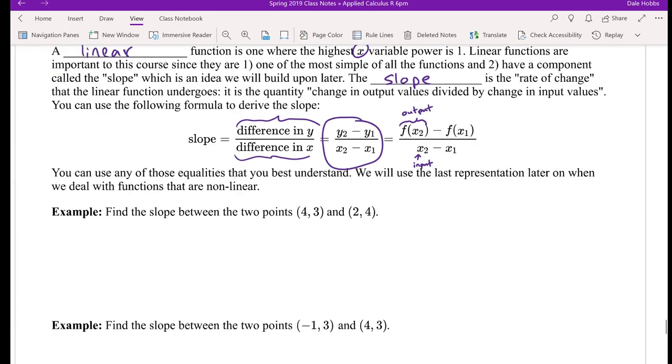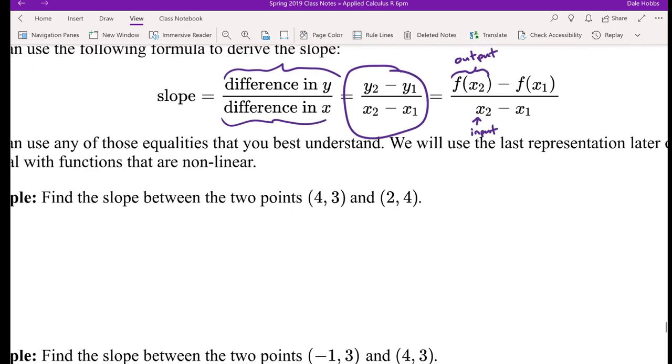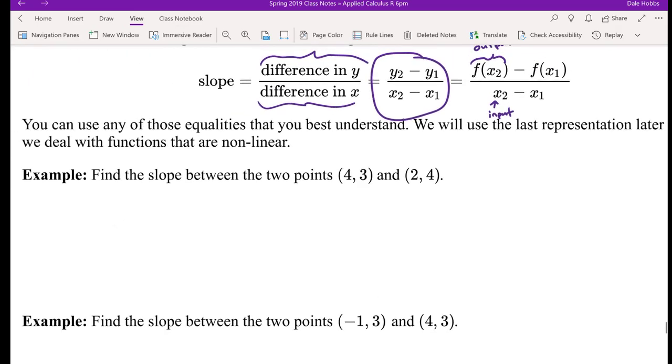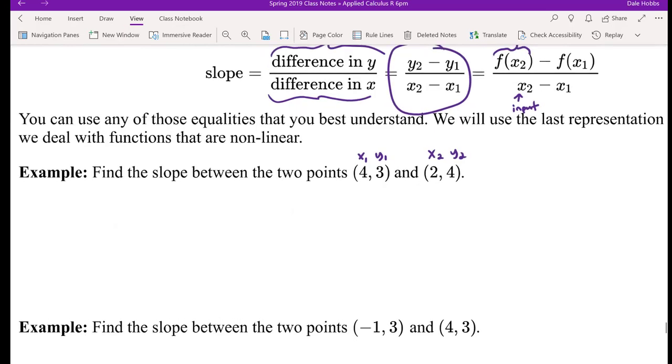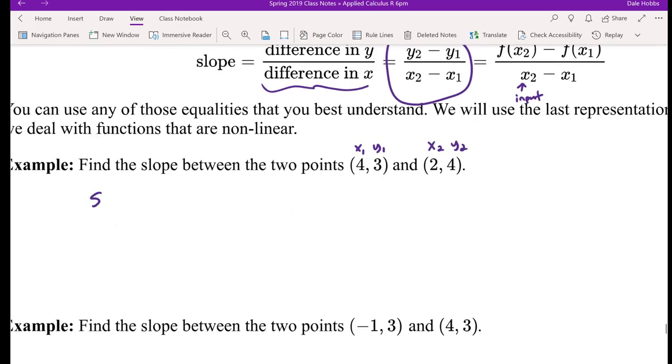Okay, so let's take these 2 points right here and find the slope between them. If you're using the old formula, you can just name these x1, y1, x2, y2, and it doesn't matter. You can name the first one the 2's and the second one the 1's. It doesn't matter which order. But basically we're going to find the slope, the rate of change, between those 2 points.